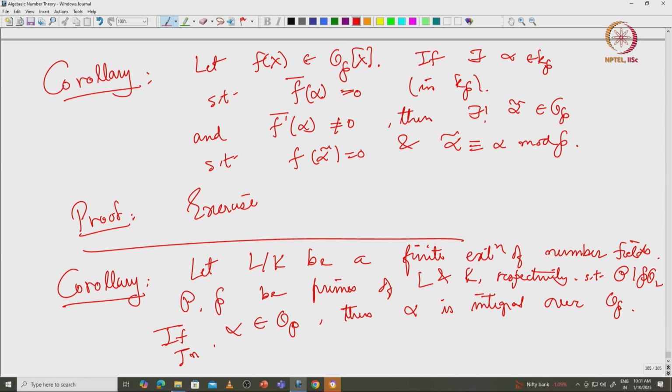In particular, the trace from L_P to K_p of alpha, and the norm from L_P to K_p of alpha, are both in O sub p.